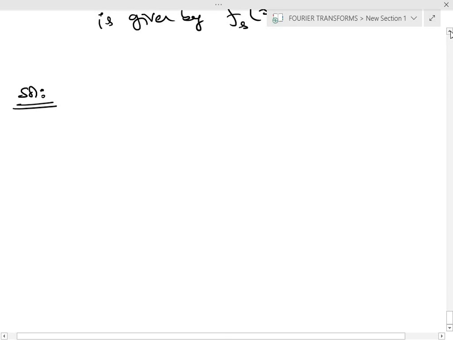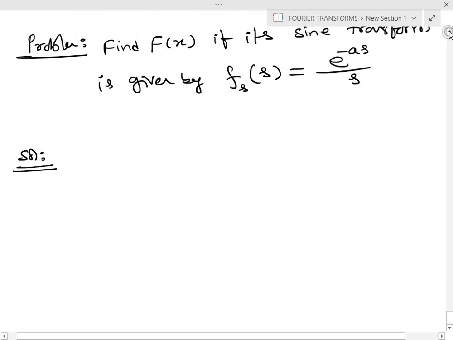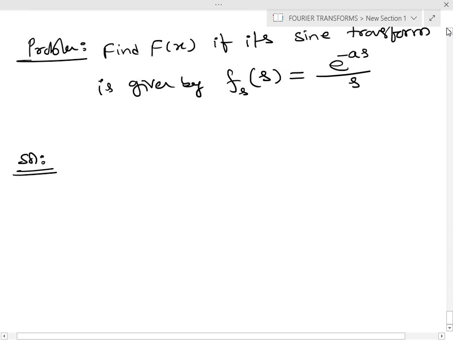So they have given the sine transformation as e power minus as by s. Now we need to determine what is that function whose Fourier sine transformation is e power minus as by s.